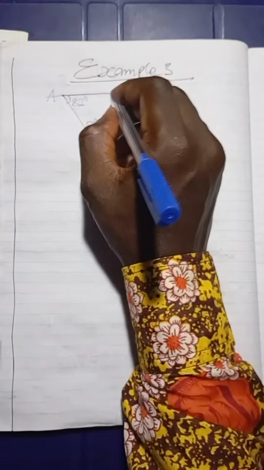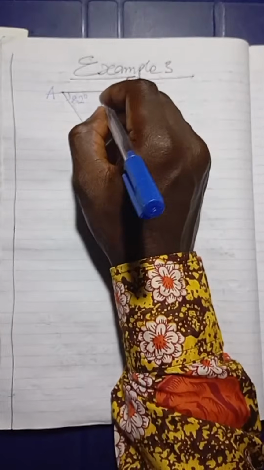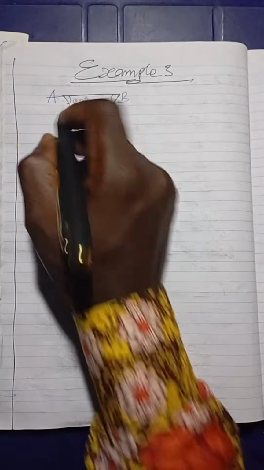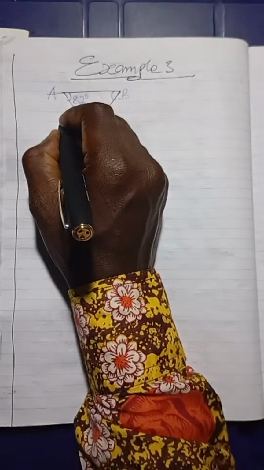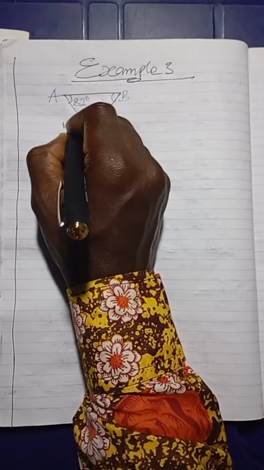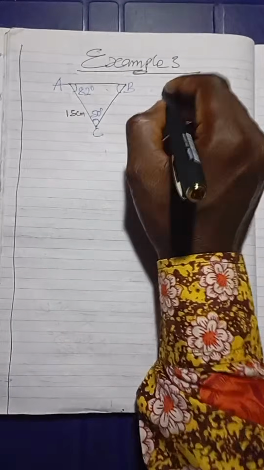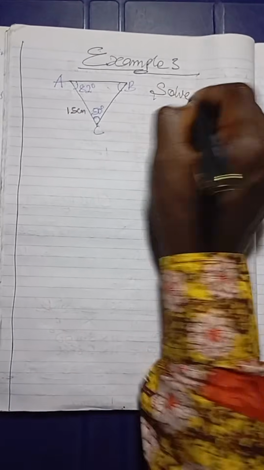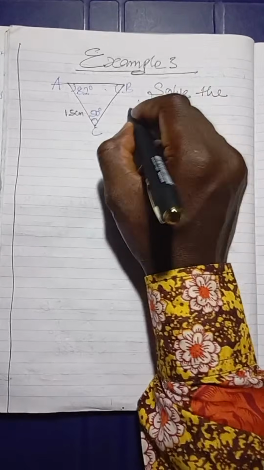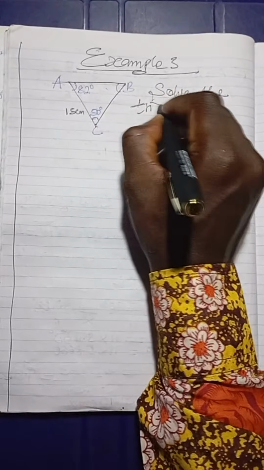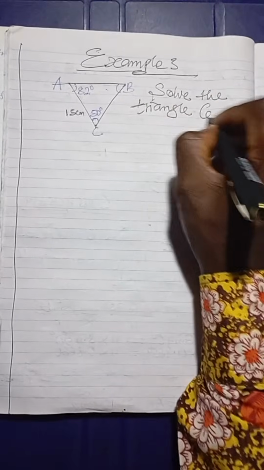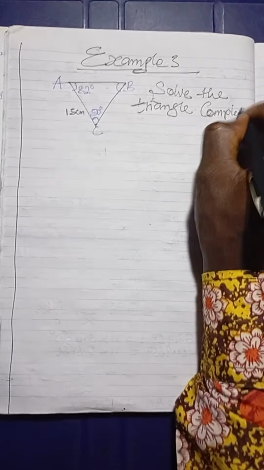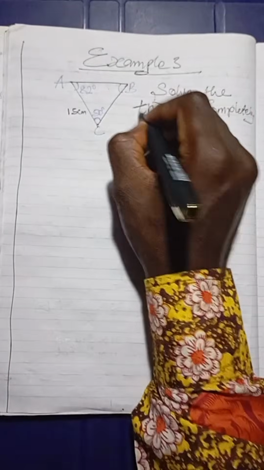The question here is find b. This side is 15 cm. So solve the triangle completely.